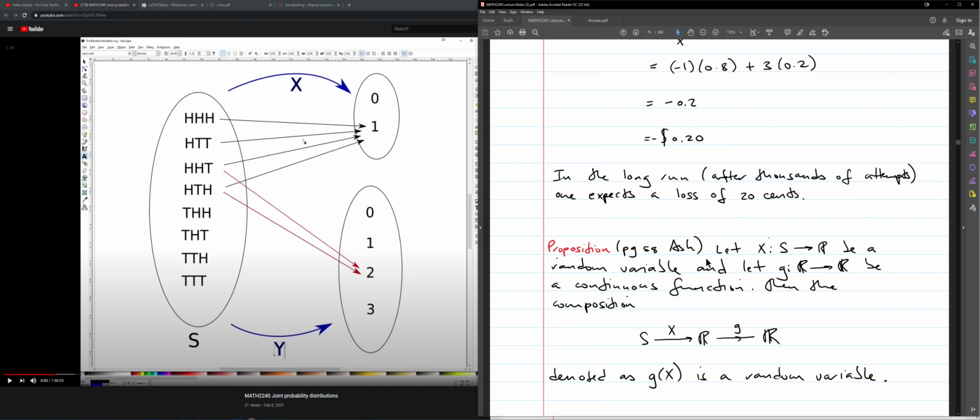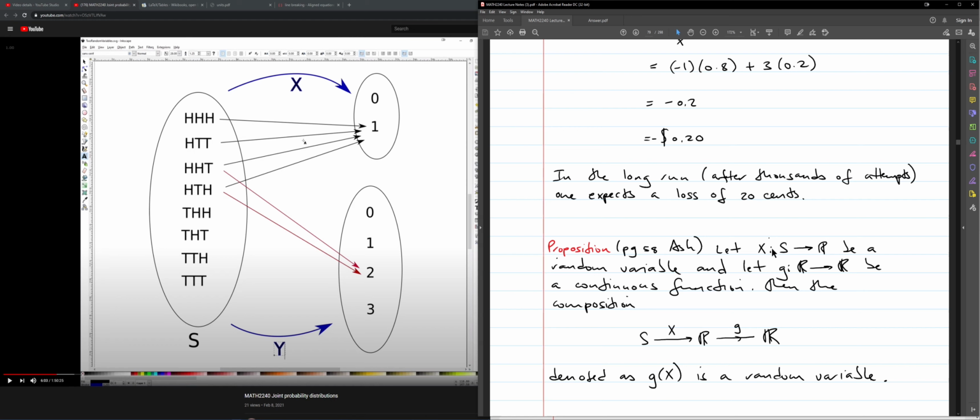let's be a little formal here. What is a random variable? A random variable is a function on the sample space. This is an example of a sample space where I have 8 possible outcomes, and this x is a function on this sample space. Possible values of the function would be either 0 or 1 here.